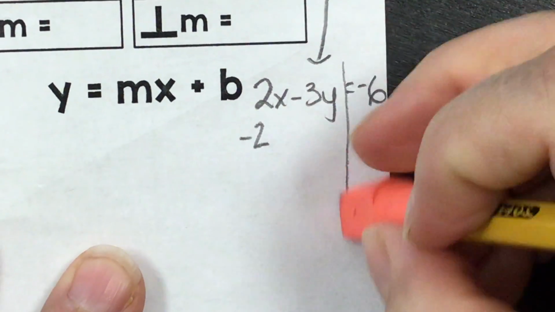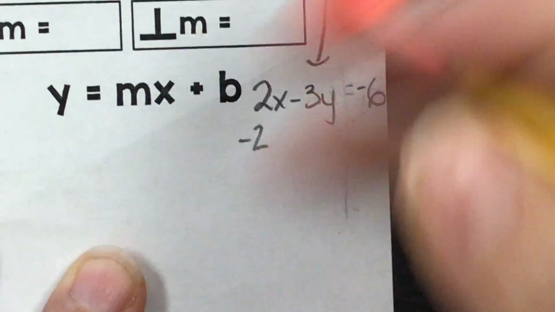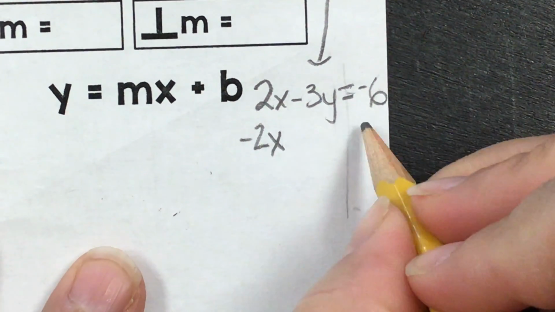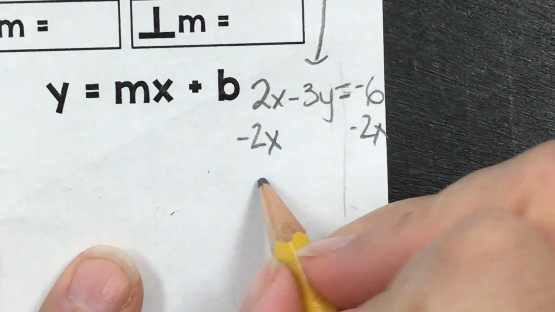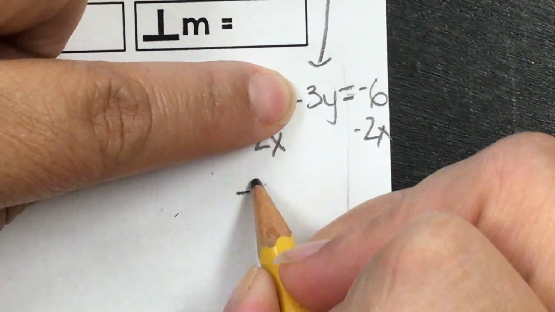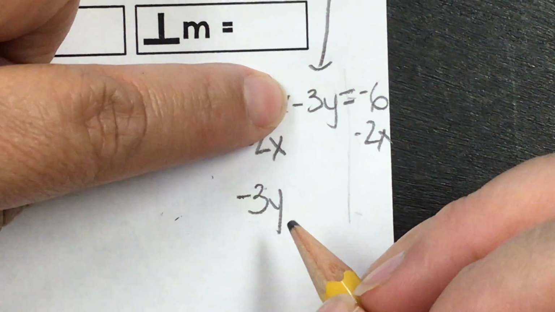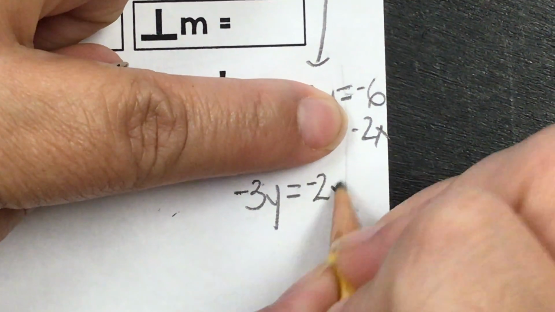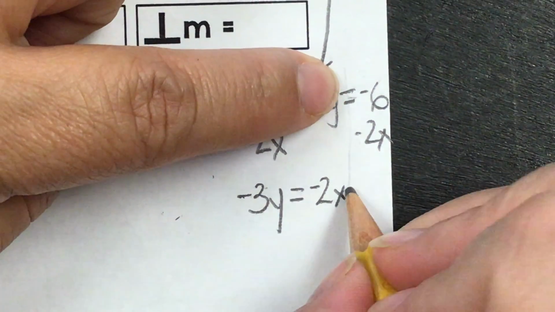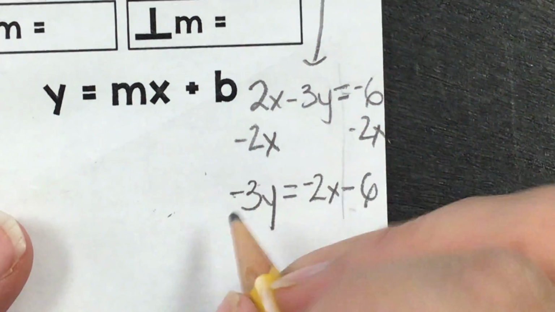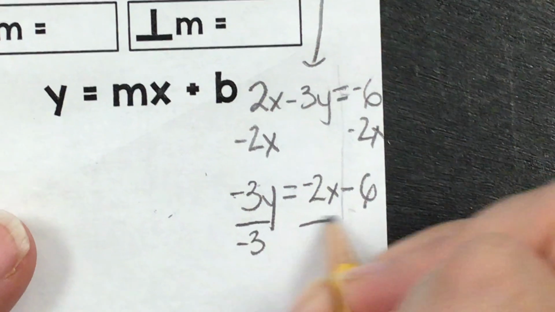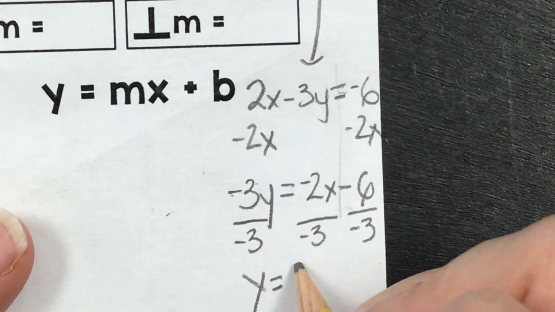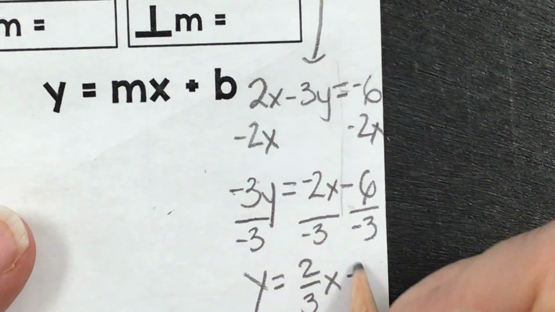I'm going to minus 2x, minus 2x. I'm left with a negative 3y. Be careful, that negative sign is important. Most students forget it. And then minus 2x, because we got to put the x first, minus 6. Then we're going to divide by negative 3 to everything. Y is equal to 2/3 x plus 2.